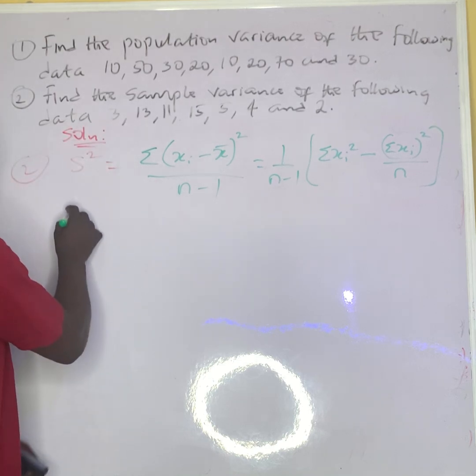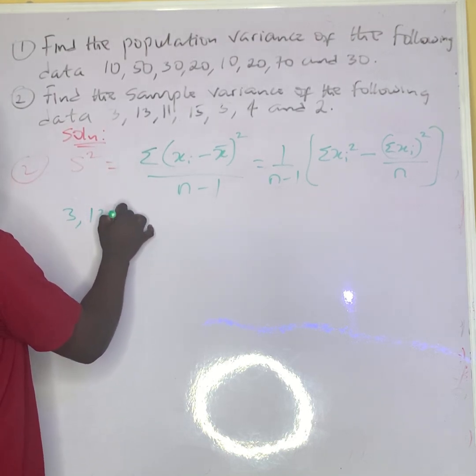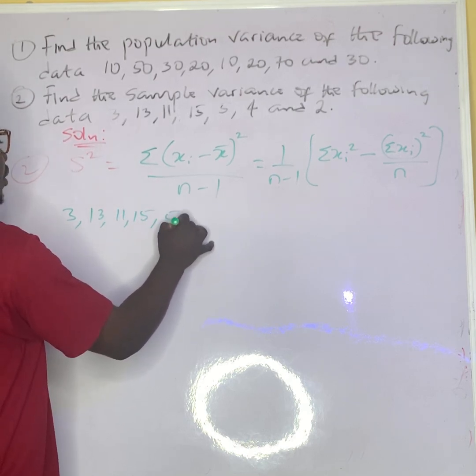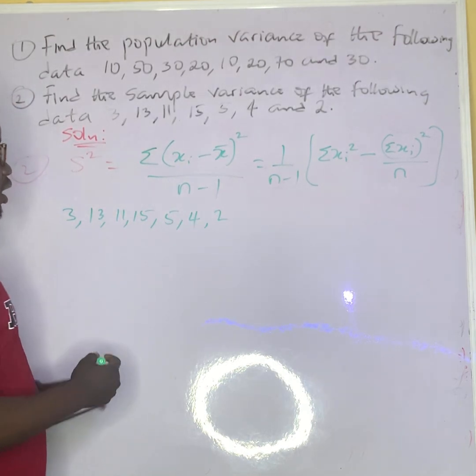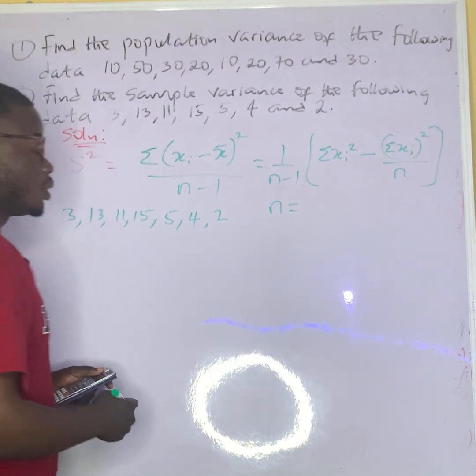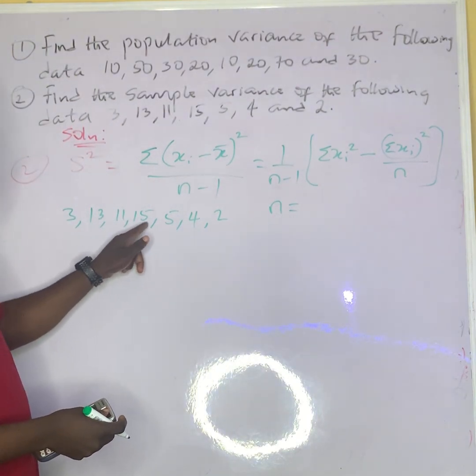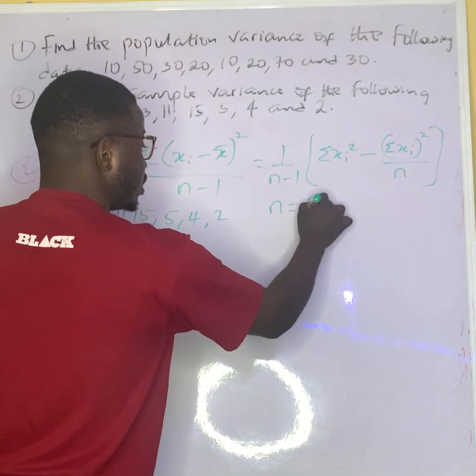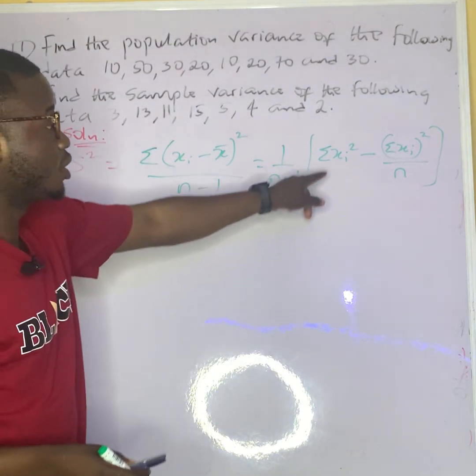Now the data given here: we have 3, 13, 11, 15, 5, 4, then 2. Our small n, the number of observations, is 1, 2, 3, 4, 5, 6, 7. So n is equal to 7. We are making use of the second formula.